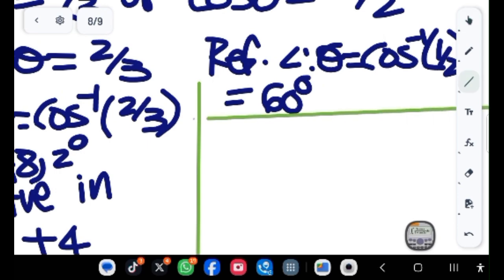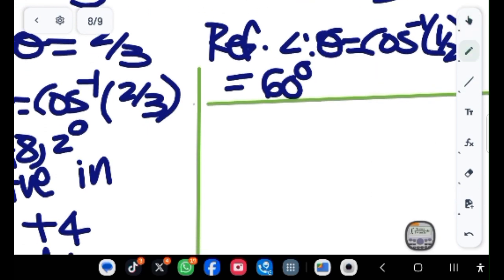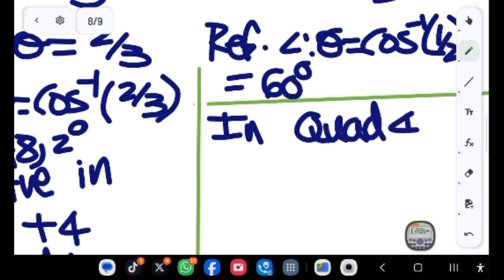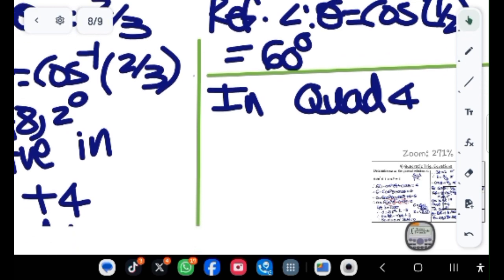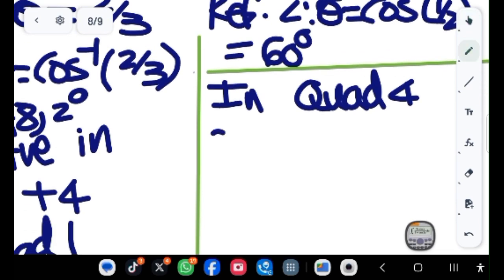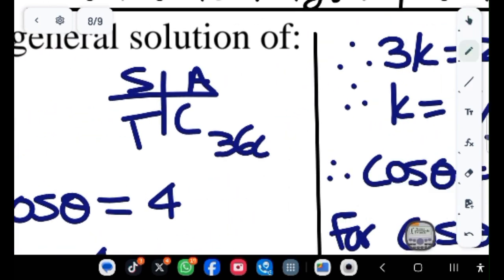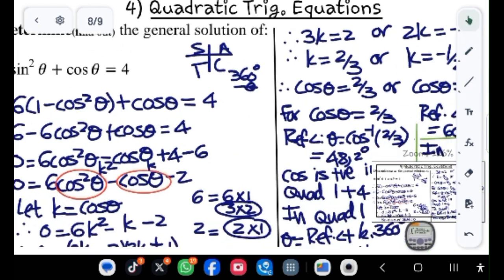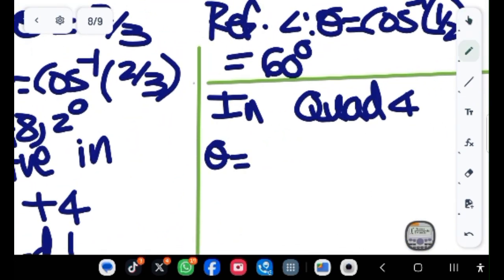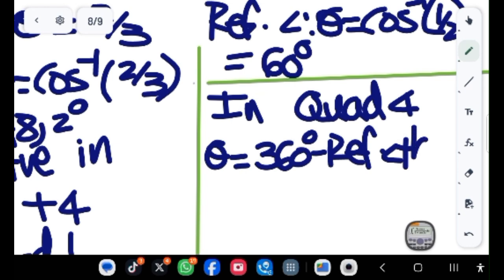Let's look for the same scenario in quadrant 4. In quadrant 4, our angle is 360 degrees minus theta. That's how we express the angle. So that will be 360 degrees minus the reference angle plus k times 360 degrees, which is the period for cos.